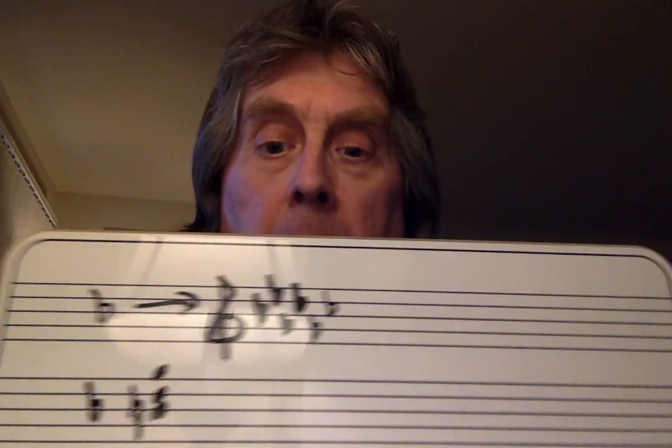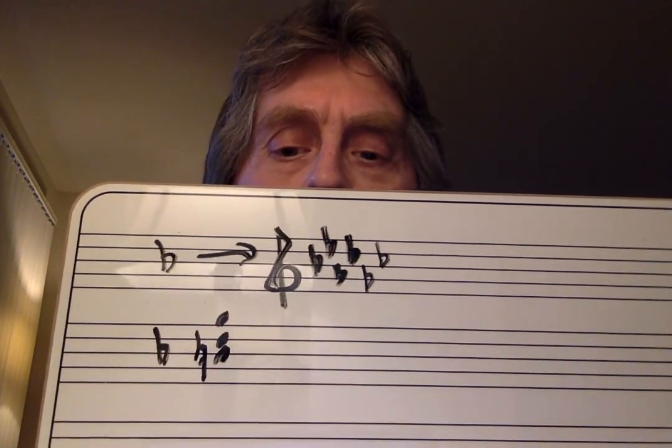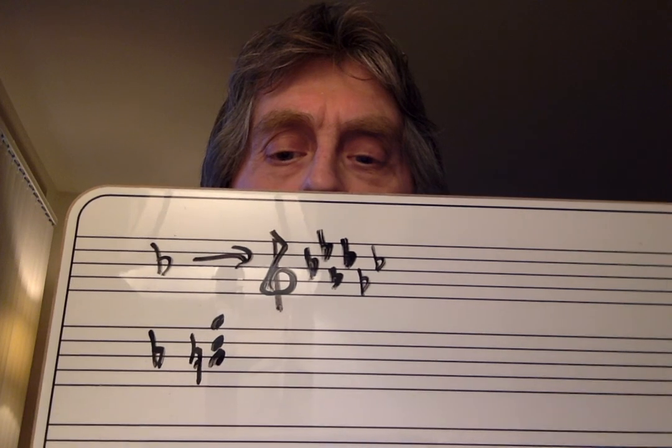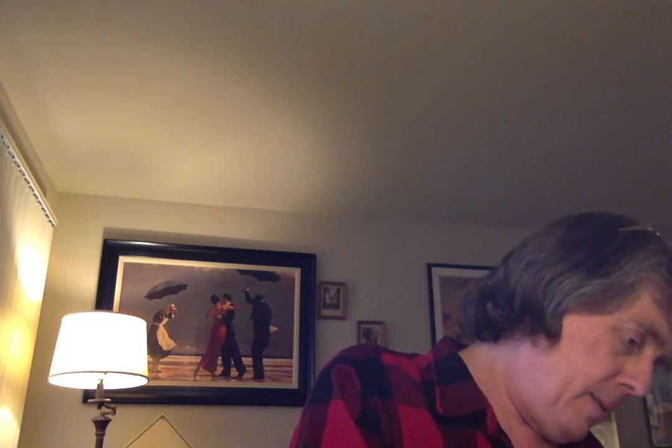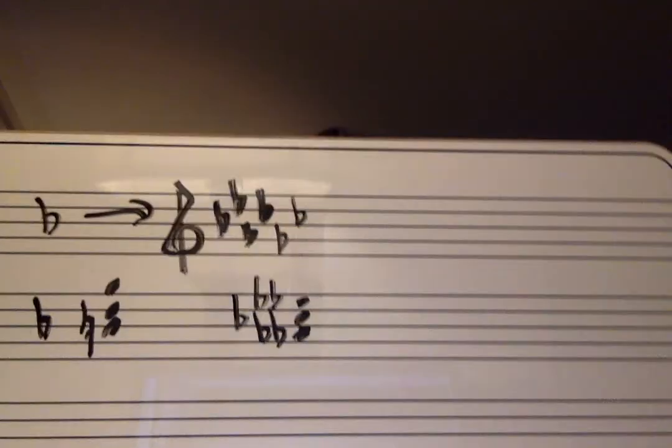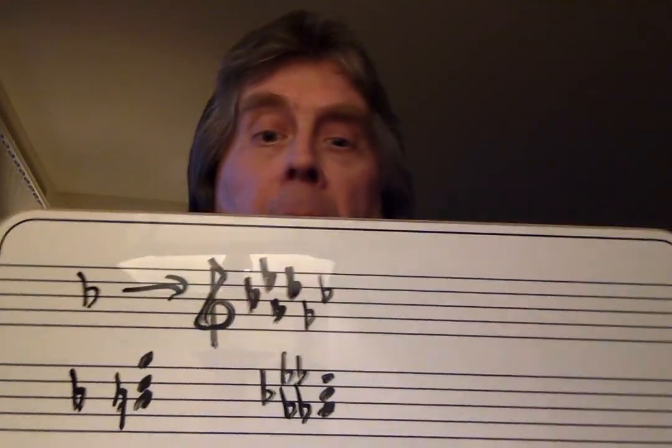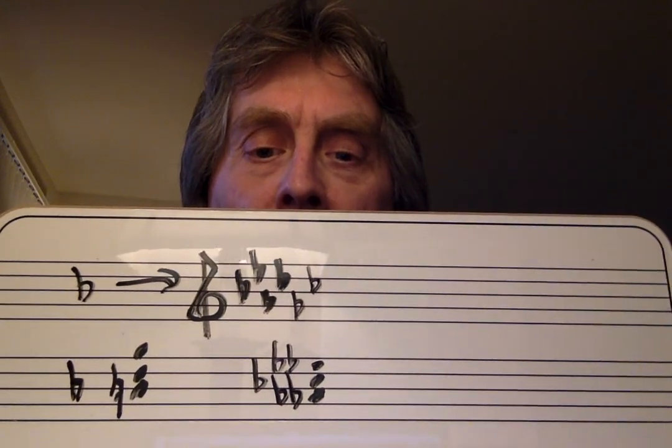The G, B natural, D, and G in one flat gets respelled as A double flat, C flat, and E double flat, which is, of course, the Neapolitan in G flat major.